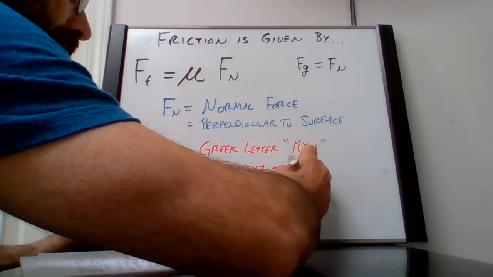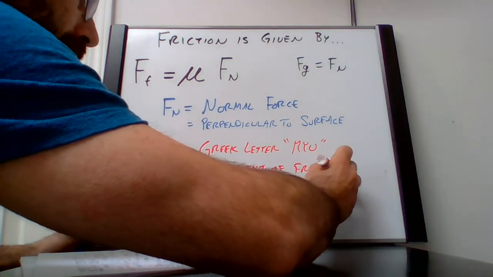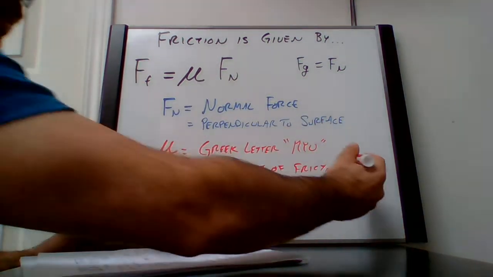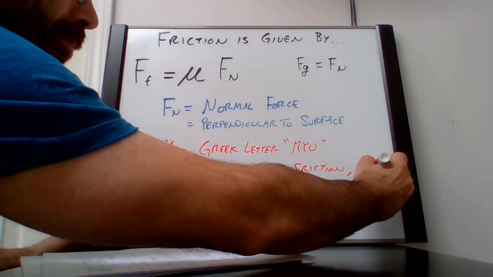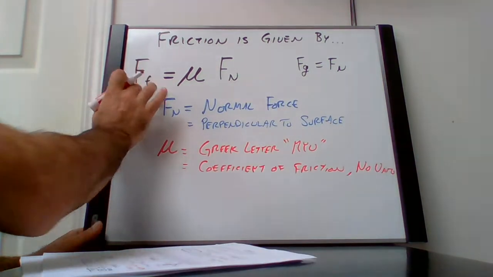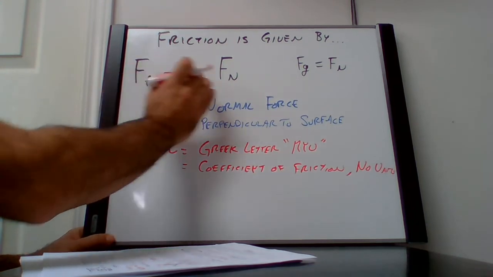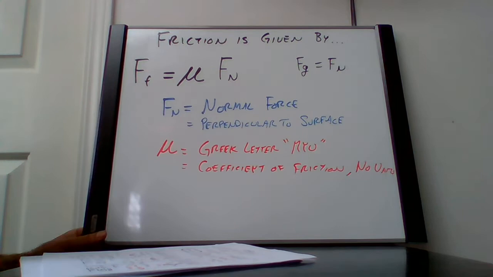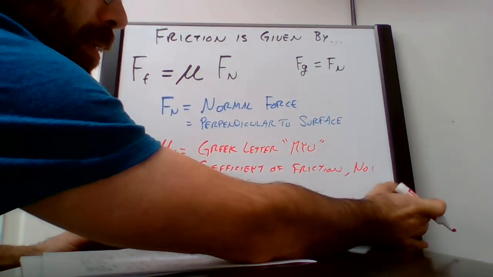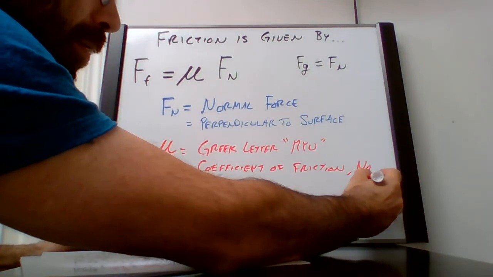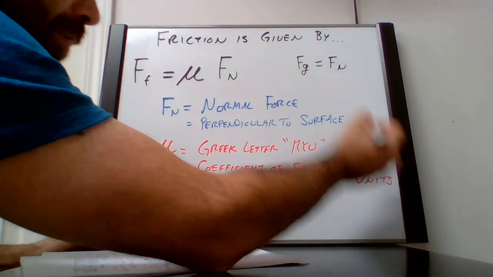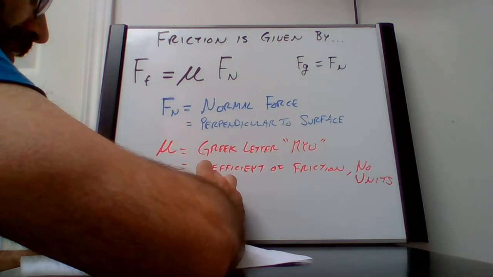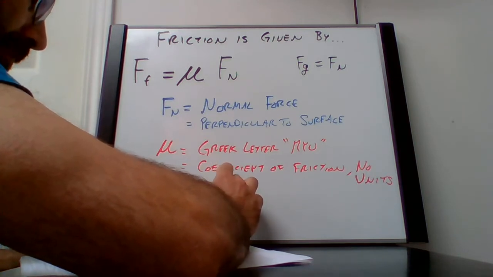It has no units, because force of friction is going to be in newtons and our normal force is in newtons. This mu, this coefficient of friction, has no units. And this mu depends on the surface.